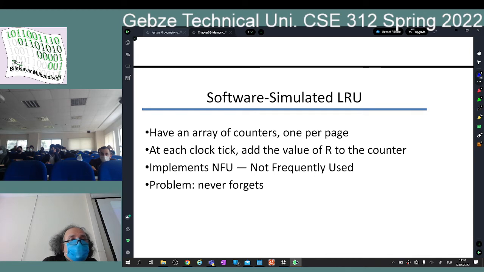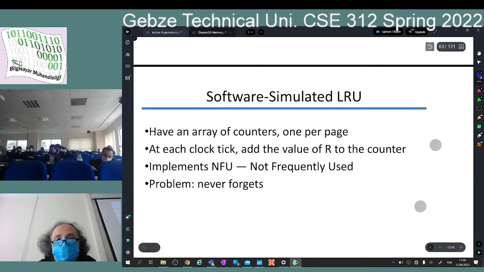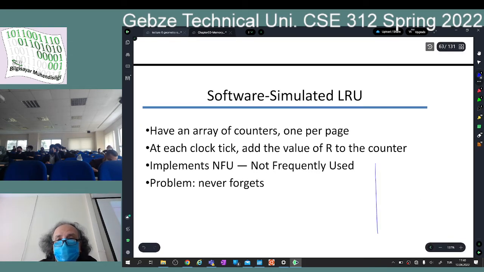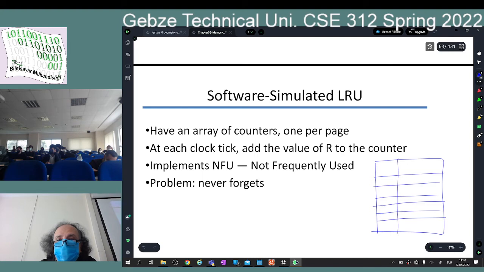At each clock tick, add the value of R to the counter. So something like that. This is my page table. I have a counter at the beginning. These are my R and M bits, and these are my counters.